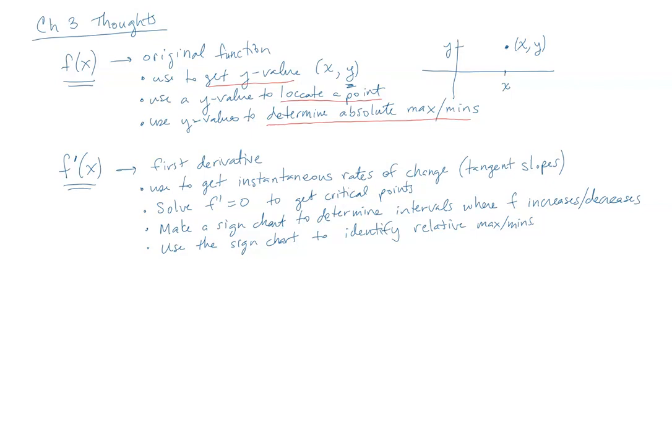So again, to summarize, f prime is the first derivative. We use it to get tangent slopes, instantaneous rates of change. We solve f prime equal to 0 to get critical points. We make a sign chart to determine intervals where f is increasing or decreasing. And then that same sign chart will identify relative maxes and mins, because if you've got a positive derivative followed by a negative derivative, then you've got a max.